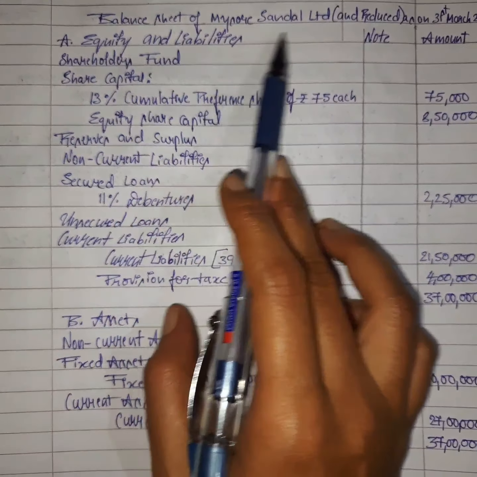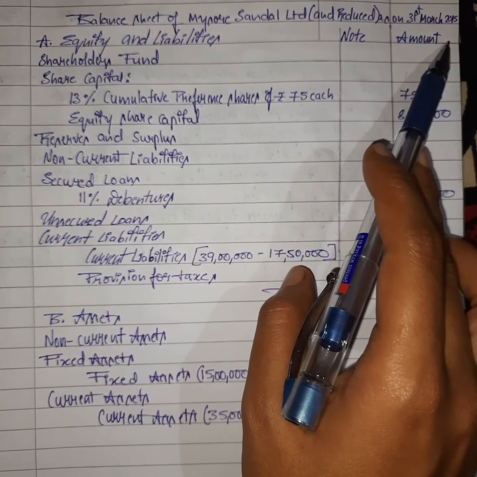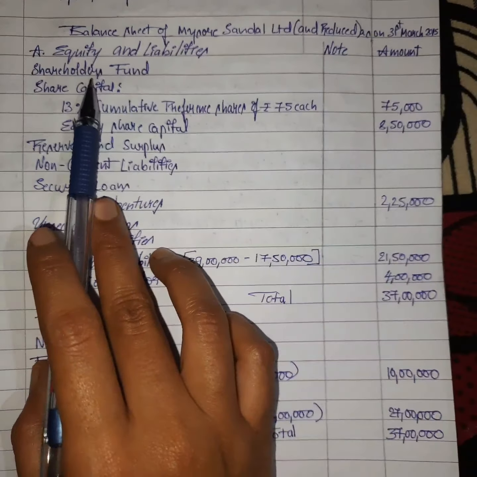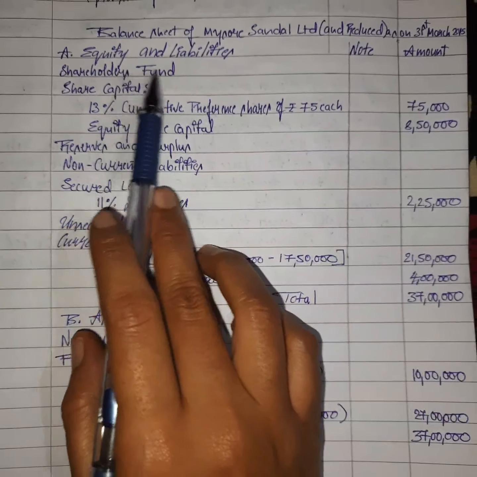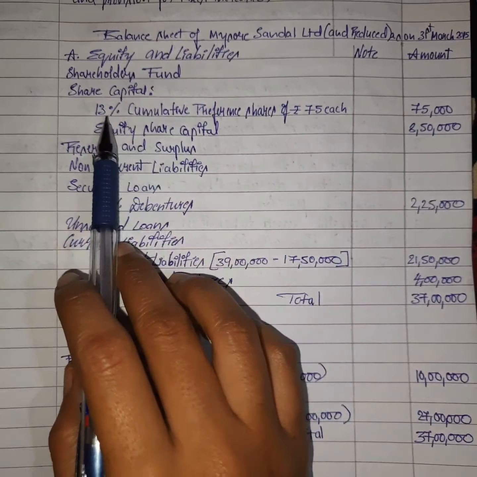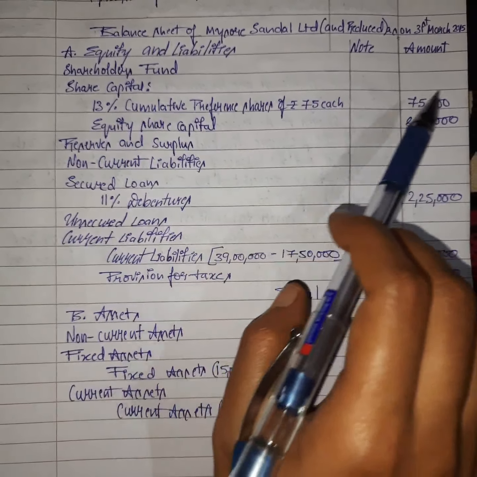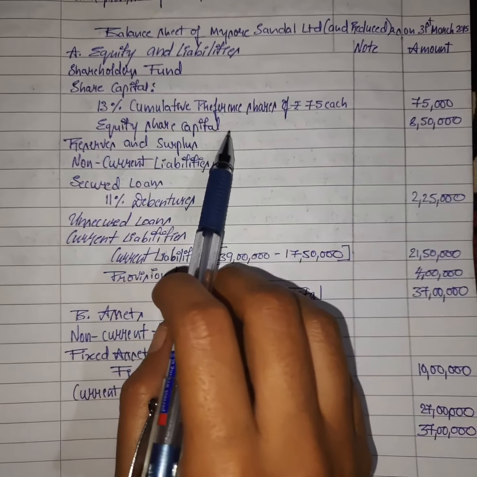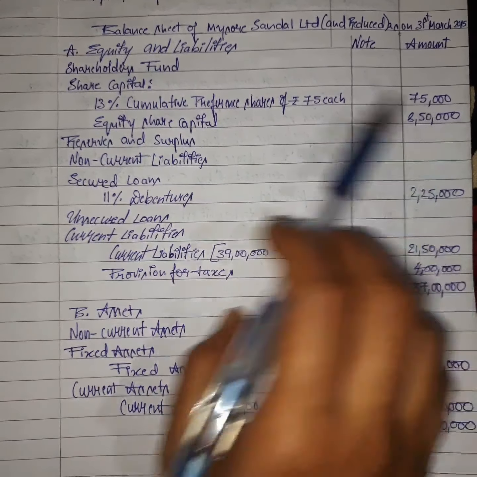Balance sheet of Mysore Sandal Limited and reduced as on 31st March 2015. Three columns: A, equity and liabilities, note, amount. Shareholders' funds, share capital, 13% cumulative preference shares of rupees 75 each, 75,000. Equity share capital 8 lakh 50,000.